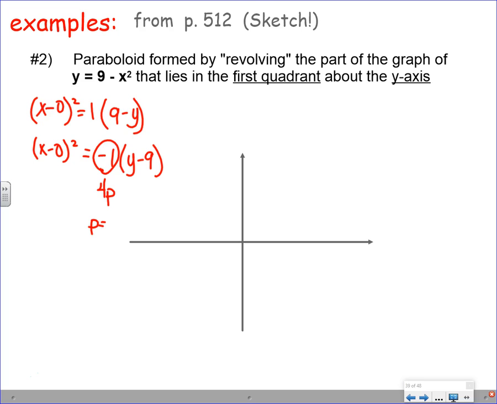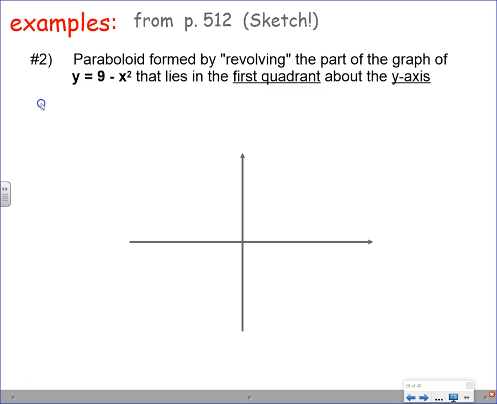Wait, pause. To spin it, do we need the directrix and the focus? No. So do we need the super snazzy yellow box 10.2 formula? So where's this guy centered? Can you tell? 9 up from the origin with a downwards facing parabola. Do you remember the old school? You can go up 9 and flip it?